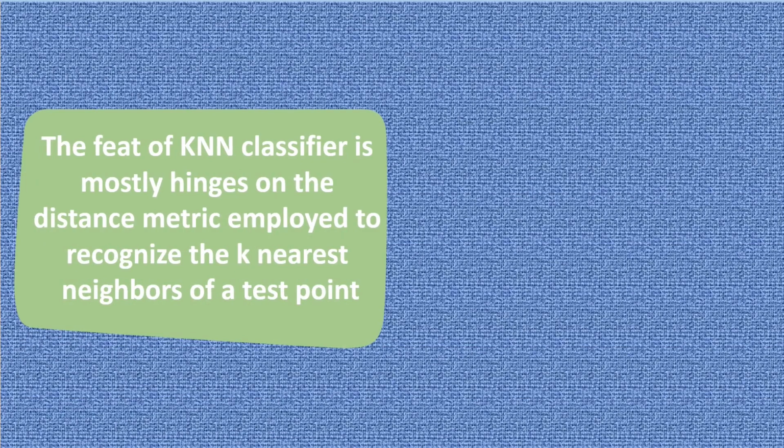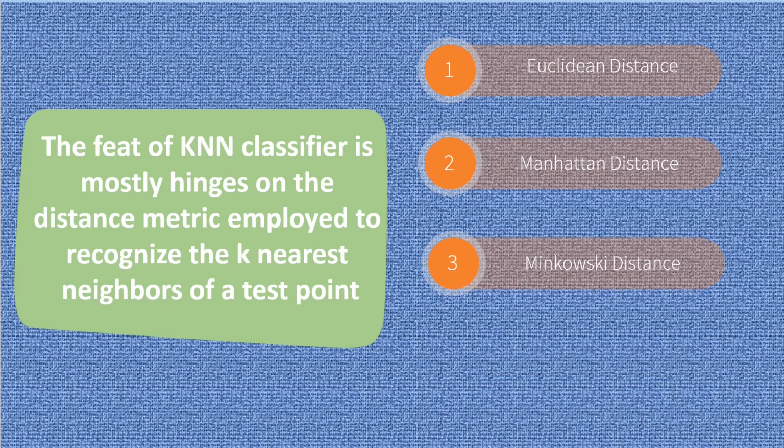Now, the fit of a KNN classifier mostly hinges on the distance metric employed to recognize the k-nearest neighbors of a test point. The most popular distance metrics used in KNN are the Euclidean distance, Manhattan distance, Minkowski distance, and Hamming distance.